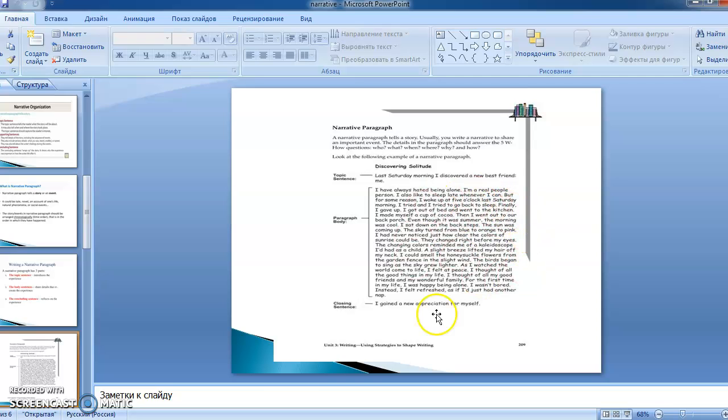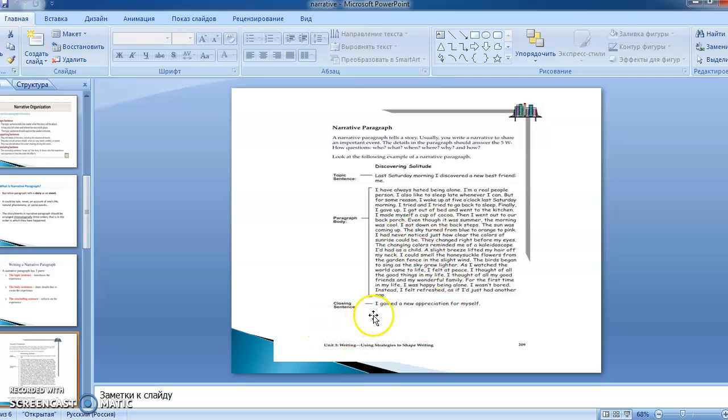It goes on with descriptions of the story, which try to highlight how and what happened in the story.